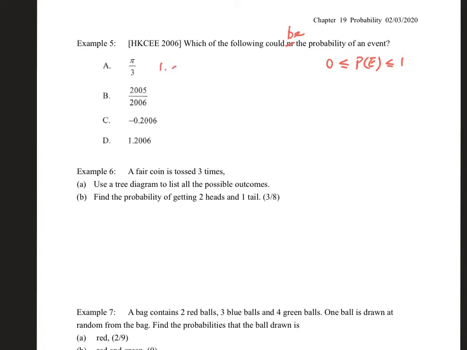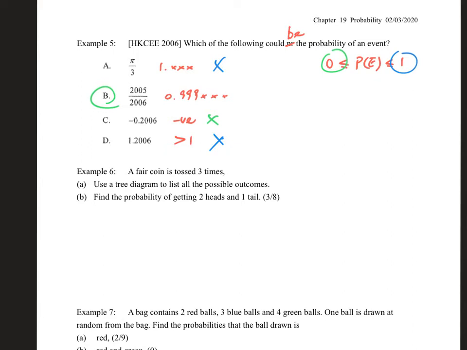A is 1 point something, B is 0.999 something, C is negative, while D of course is greater than 1 already. According to probability, it can't exceed 1, so A and D are wrong. Probability can't be negative, so C is wrong. That gives you the answer of B.